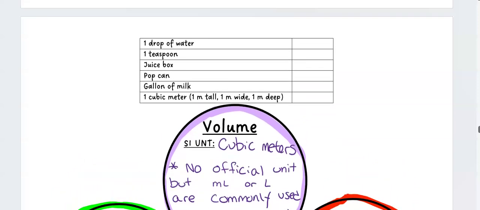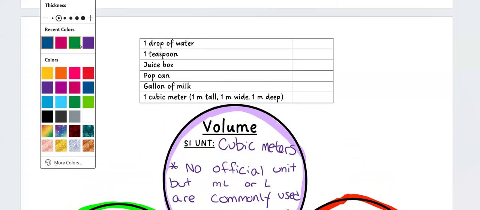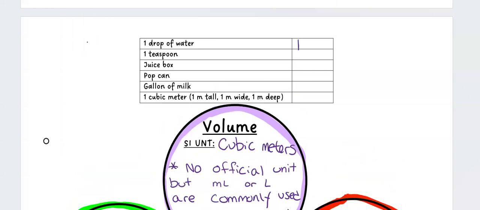In terms of just conceptualizing what liters are, since in America we use the English system, so we're thinking more of quarts, cups, pints, gallons. A drop of water tends to be about 1 milliliter. A teaspoon of water is about 5 milliliters.